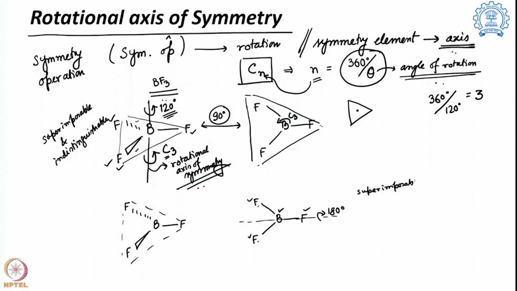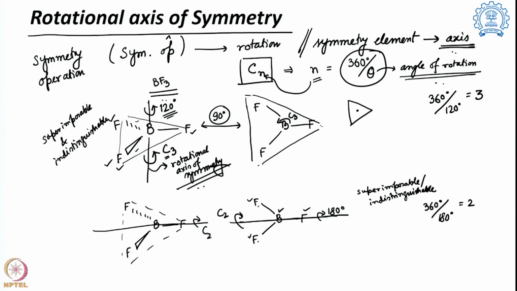a superimposable and indistinguishable structure, and that means I have an axis of rotation over here. And what is the axis of rotation? The n is 360 divided by 180 degrees, so 2, so I have a C2 over here. This is in this particular molecule over here.